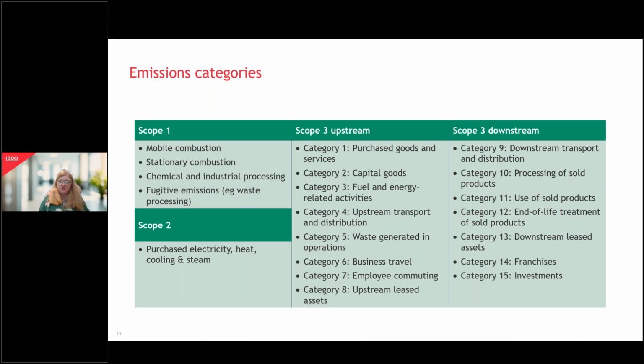So important, once you've got a baseline across all of these, you would be able to identify which category makes up the biggest part of your carbon footprint. So if you just do scope 1 and 2, you might look at those and say, oh, electricity is the biggest one, let's focus on that. However, if you look at scope 1, scope 2, and scope 3 collectively, maybe purchased electricity is not your biggest problem. Maybe the biggest problem is capital goods, or maybe the biggest problem is business travel.